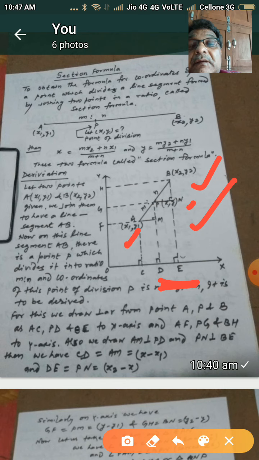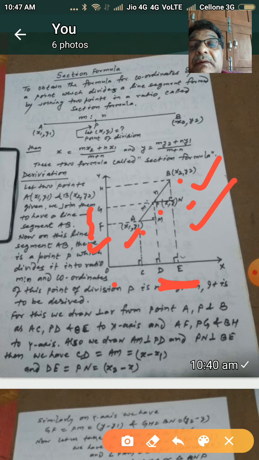Similarly, drawing perpendiculars from these points A, P and B to the y-axis, which are shown here by AF, PG and BH, the distance OF will equal y1, OG equal to y, and OH equal to y2.